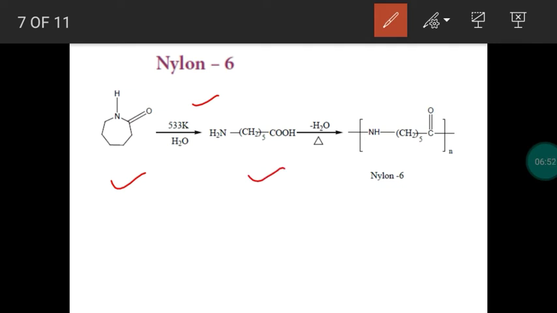This is called aminocaproic acid. This will be heated again. Since it is condensation polymerization, monomers are combining together with the liberation of water molecule. Finally, we get nylon 6 condensation polymer. This can be used in the manufacturing of tire cords and fabrics.